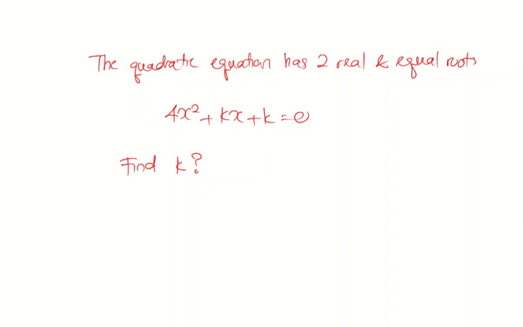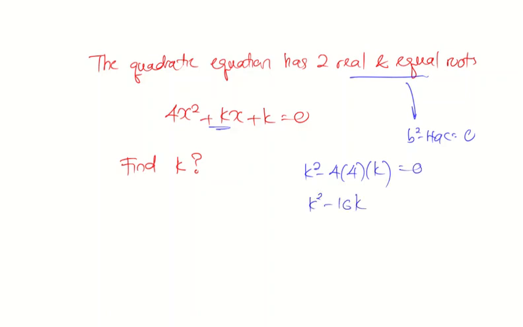Okay, let me show you this one. The quadratic equation has two real and equal roots. Find the value of k. That means two real and equal roots, so b squared minus 4ac equals 0. k squared minus 4ac equals 0. k squared minus 16k equals 0. Take k out. k times (k minus 16) equals 0.